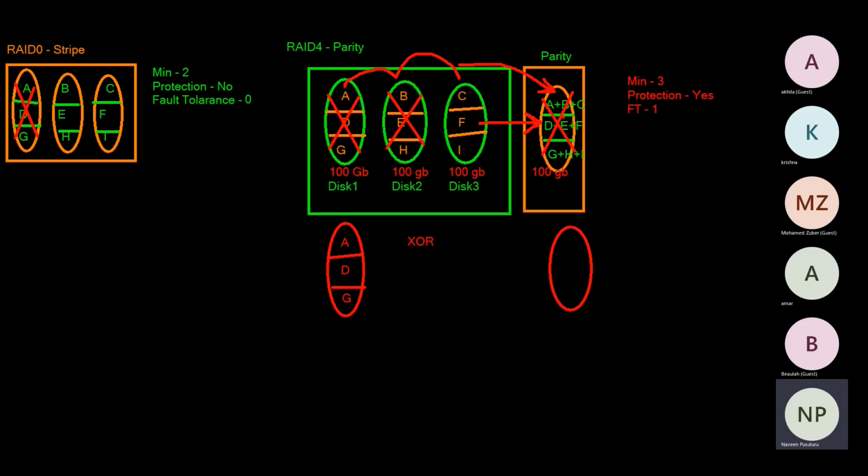That is the reason that if there is a two disk failure, it will not be able to sustain. You need to take the help of a vendor to bring the entire pool back. They can help you, but we can't do it on our own.